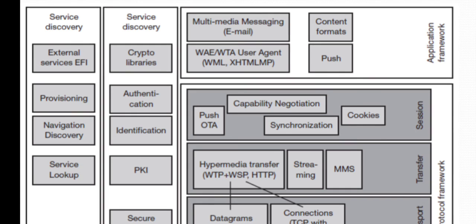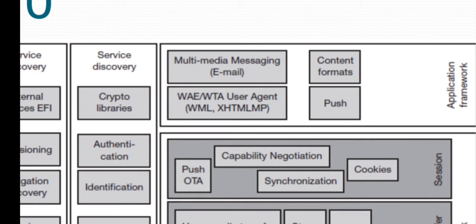So now we'll look at the application framework. The application framework comprises the basic application needed for the browsing, support for different content formats like the email services. This framework was developed to establish an interoperable application environment for many different vendors, service providers, and the network operators. The WAE or the WTA user agent supports the WML, known as WAP 1, as well as the XHTML mobile profile.